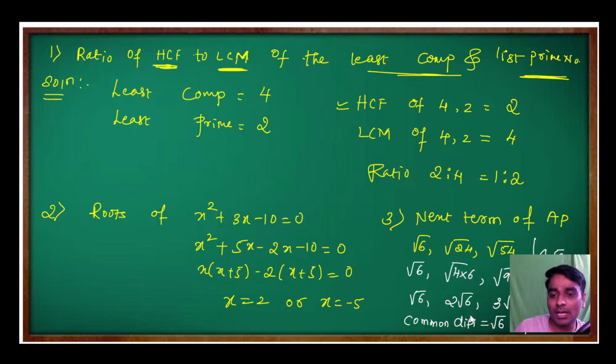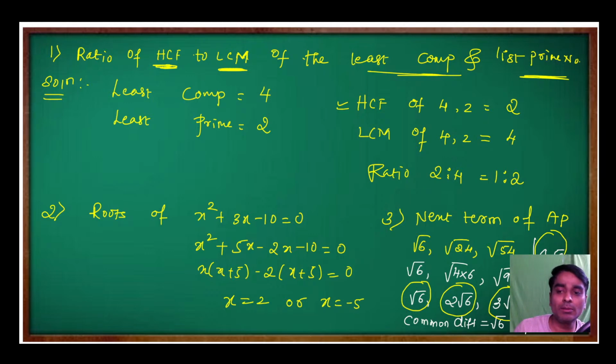See how I got the next term here. I think some of you may get confused. Root 6 is the first number, 2 root 6 the second number, 3 root 6 the third number, 4 root 6 will be the fourth number. 1 2 3 4.